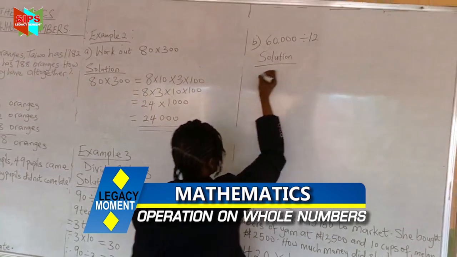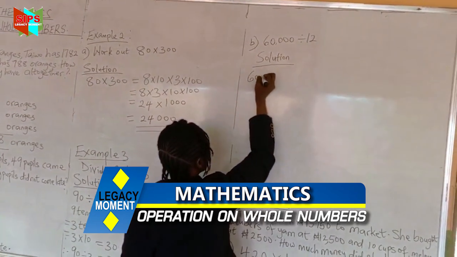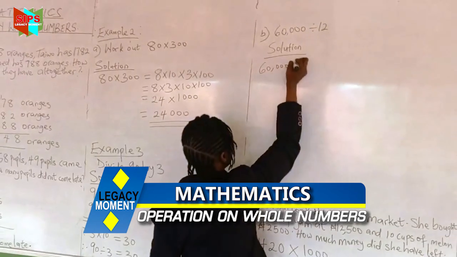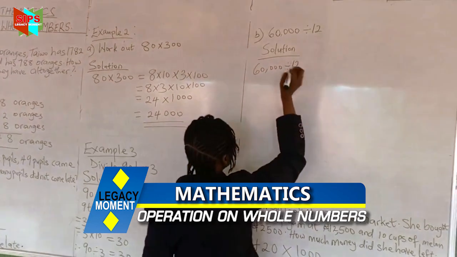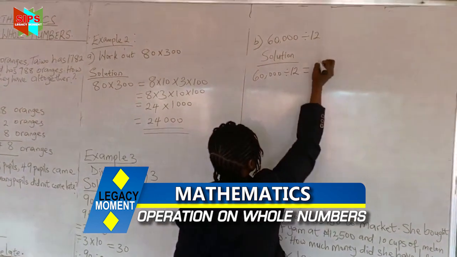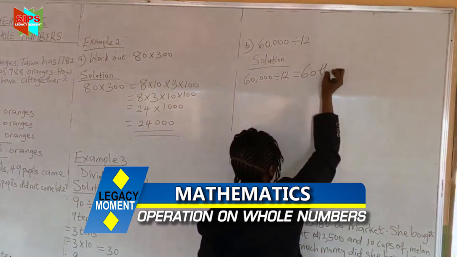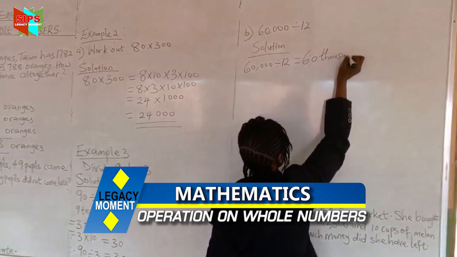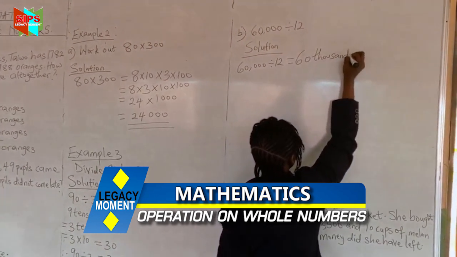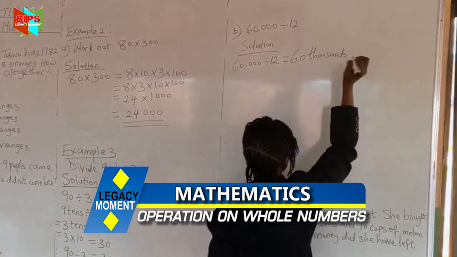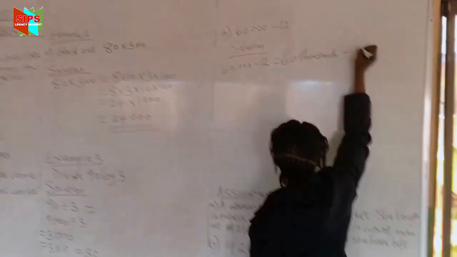Going by the number one method, we have 60,000 divided by 12. So you can always say 60, 30 is 1,000. Write it as your place value, 1,000, 60,000. Okay, divided by 12.